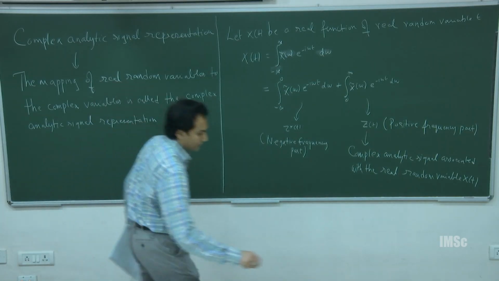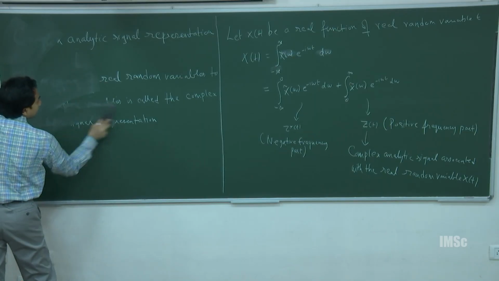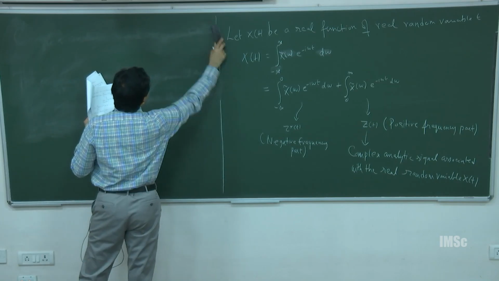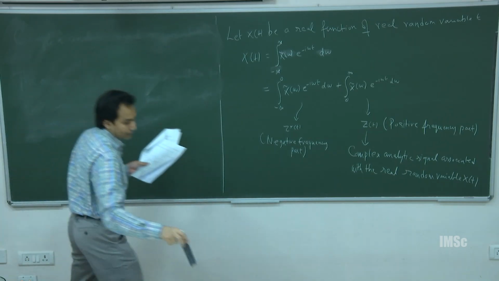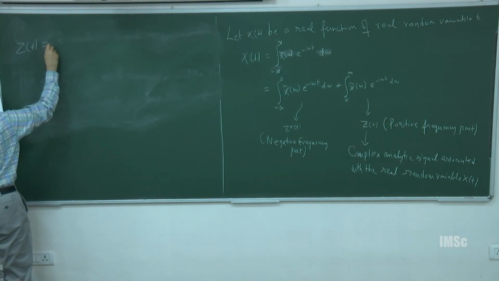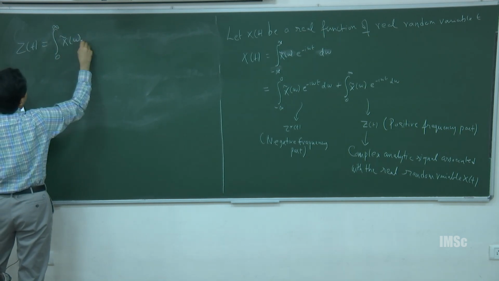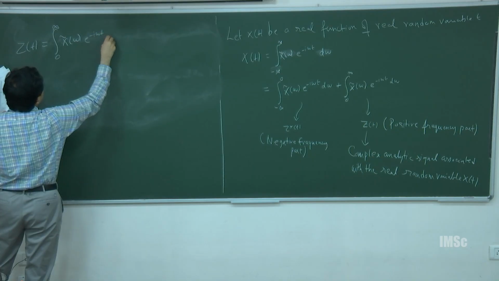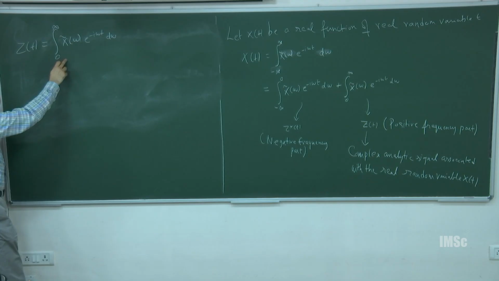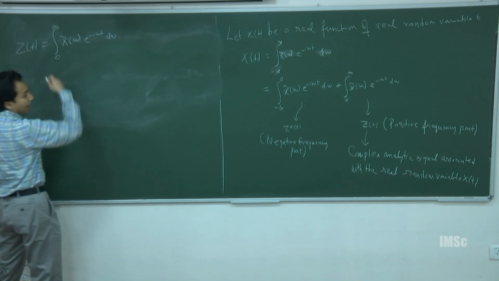So once again, let us just write down the definition. z of t, by definition, but please note that this is not a proper Fourier transform, because for it to be a proper Fourier transform, the integral has to go from minus infinity to infinity.